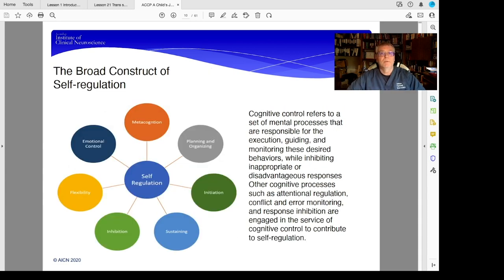Now we're going to talk about self-regulation, because this is a fairly broad and important area. But basically, cognitive control of self-regulation involves many mental processes that are responsible for executing, guiding, and monitoring the behaviors that are desired in a certain environment, while inhibiting other behaviors that may be inappropriate or disadvantageous in a certain environment.